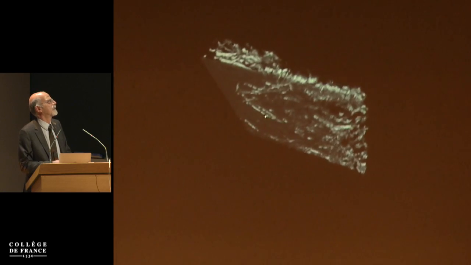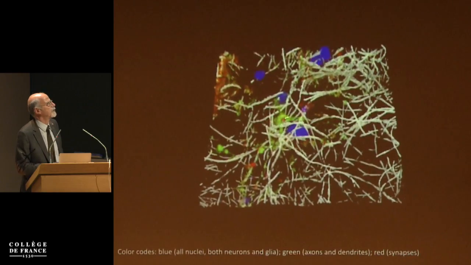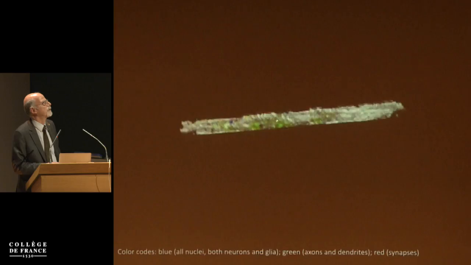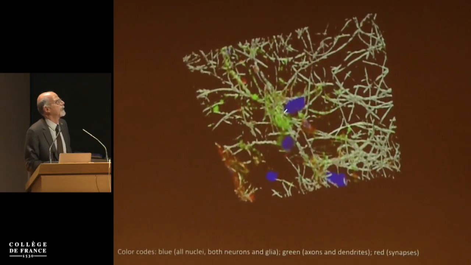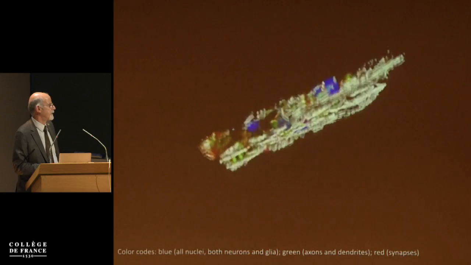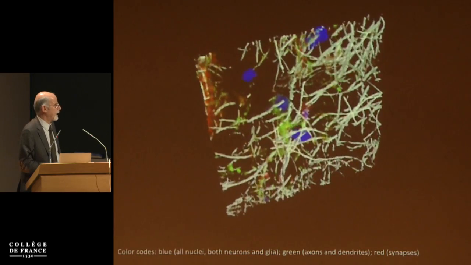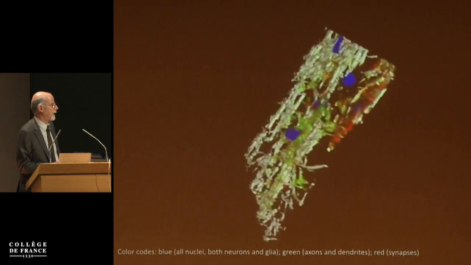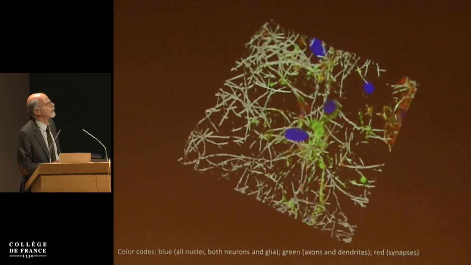This is the glass, and this is a three-dimensional sponge. This is the empty sponge, and this is the sponge in which neurons have been grown. In blue, you can see the nuclei of the neurons, and in green, you can see the dendrites.